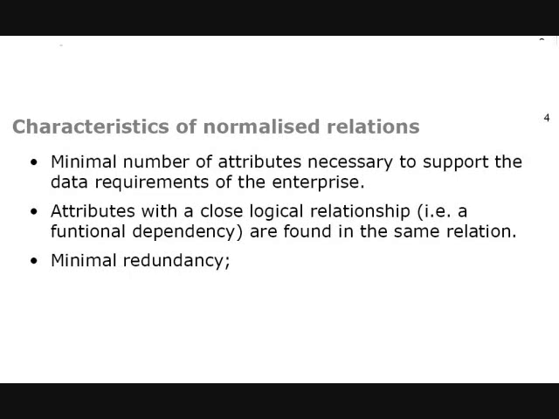We know that we have to create this database which supports the business of the enterprise. So if we do this using normalized relations, what we're going to have is a minimal set of attributes that we need in order to meet the requirements of the enterprise. So it's going to be good from that point because if the number of attributes is minimum, we are keeping less data, we don't have to store it, look after it, etc. So that is always going to be good.